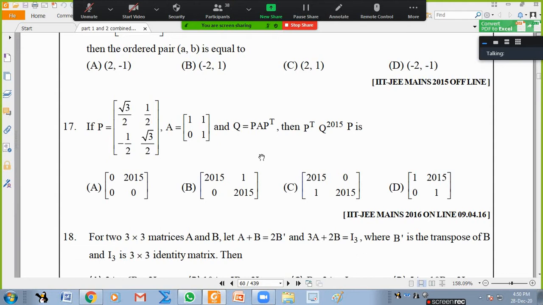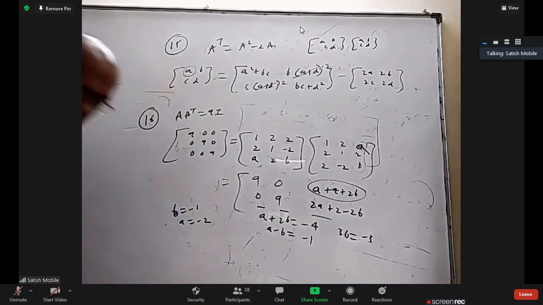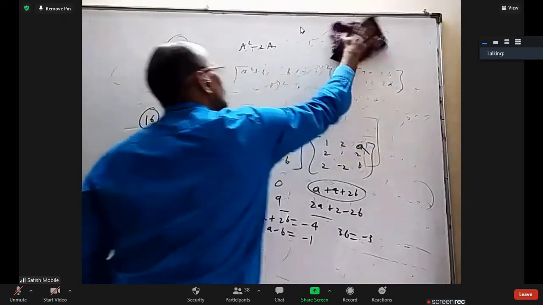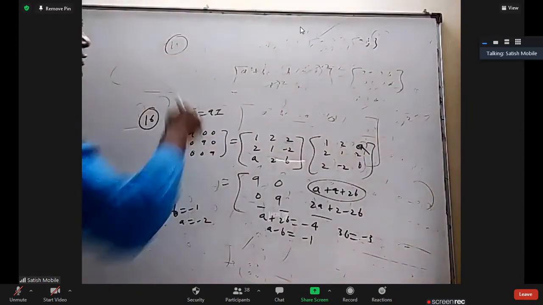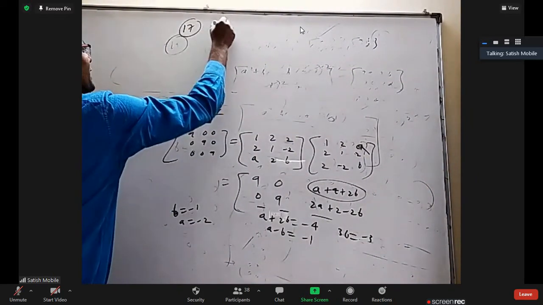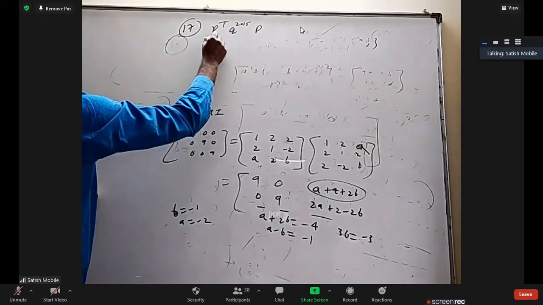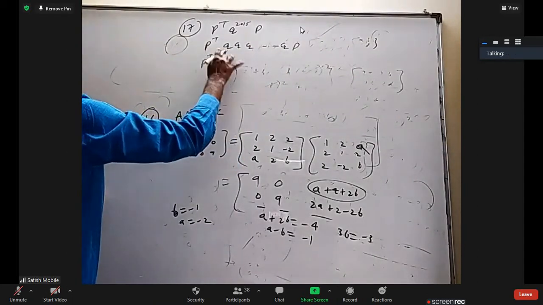Here you have to mainly know P into P transpose will come identity matrix. The question is P transpose Q 2015 P. This you can write P transpose Q, Q, Q, Q and P. And what is this Q?